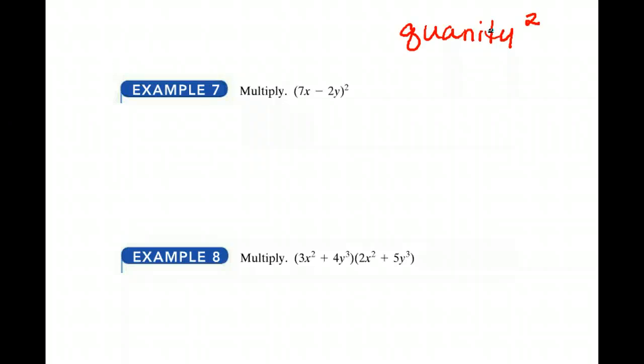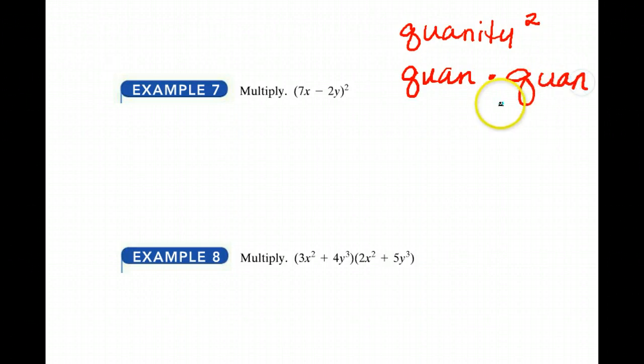If you think about the meaning of an exponent, what that exponent tells you to do is to multiply the base by itself the same number of times that the exponent represents. So what this means is that you are to take your quantity and multiply it by your quantity, because you have a quantity squared.